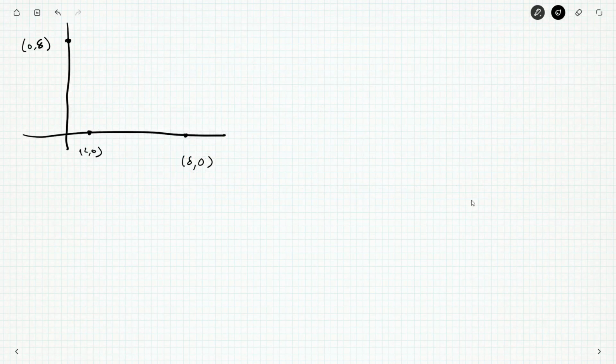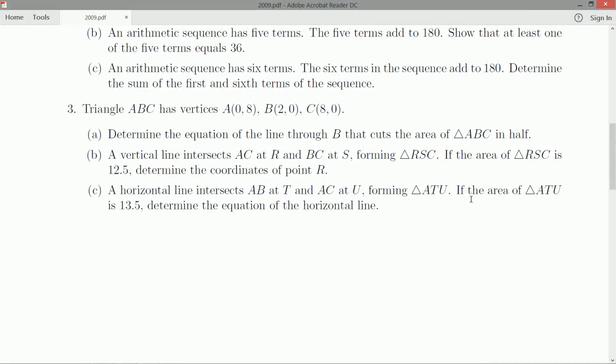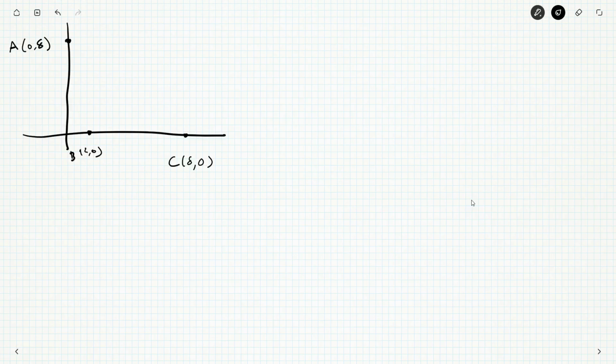So that's B, that's A, and that's C, correct? Yes. Okay, so we have a triangle here, and we want to split it in half. Some sort of line like this splits it in half.